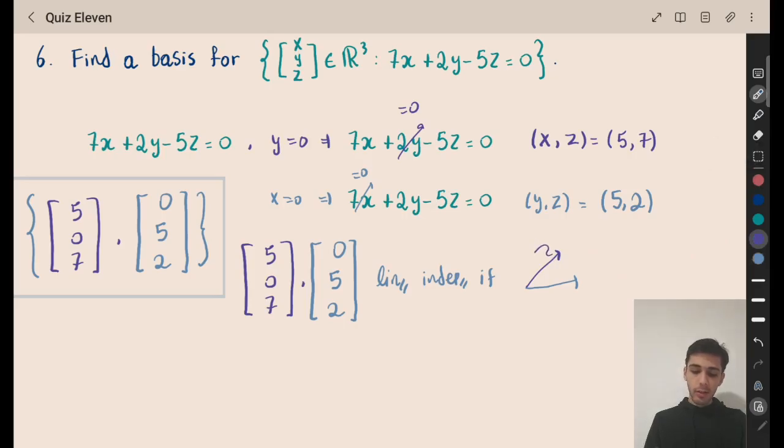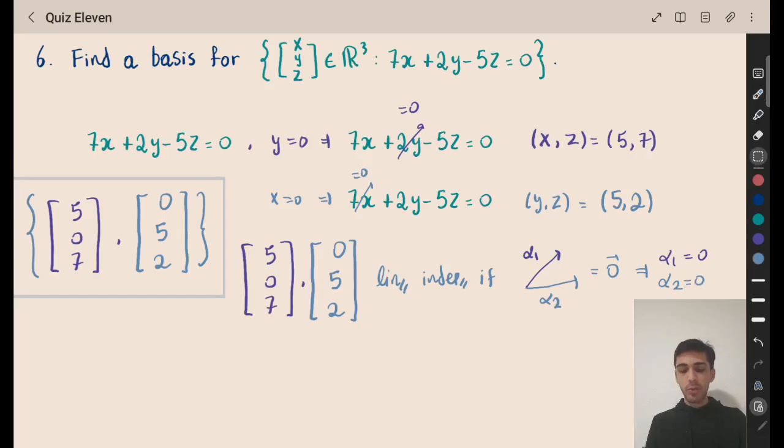If there is a scaling alpha 1 by which I scale the purple vector, and another scaling by which I scale the blue vector, and I get to the 0 vector, then the only way I would get to the 0 vector is if my first scaling shrunk to 0 and my second scaling shrunk to 0.